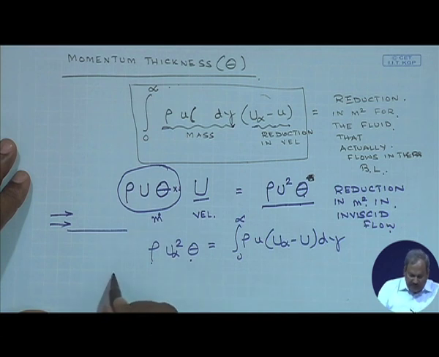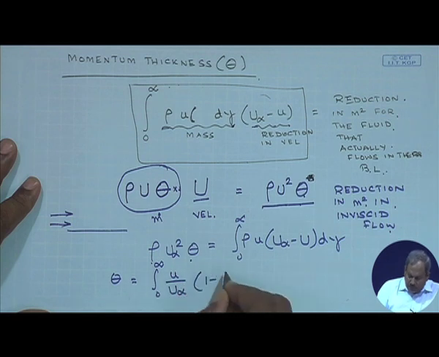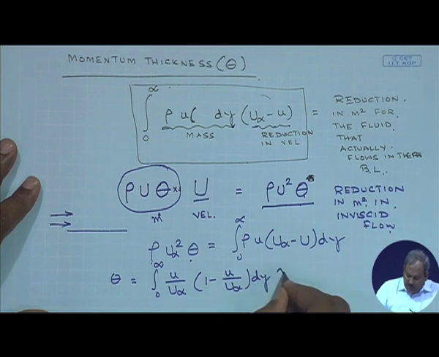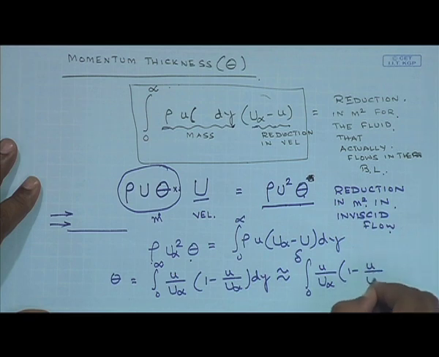So with this, as previously, we can obtain an expression for theta as the integral from 0 to infinity of small u by u infinity times 1 minus small u by u infinity dy, which for all practical purposes can be approximated by the integral from 0 to delta of small u by u infinity times 1 minus small u by u infinity dy.